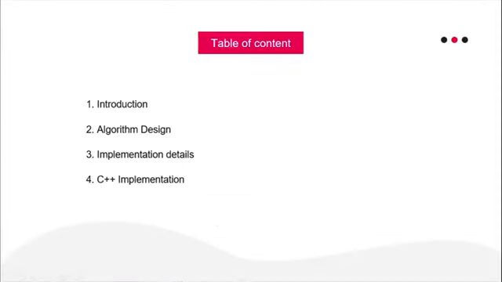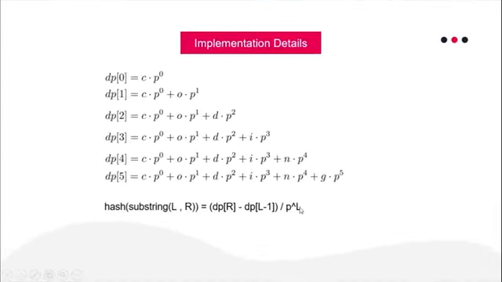One more thing: you see here we have to divide by p raised to power L, but the problem is, since we are calculating modulo for the hash, everything is under modulo m, and with modulo there is no division operation. For that you have to calculate the inverse modulo.